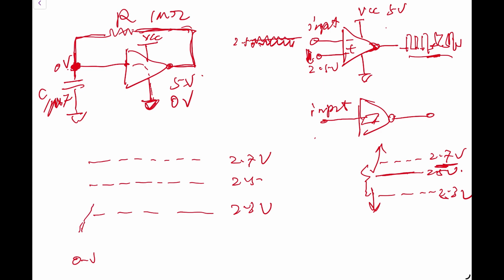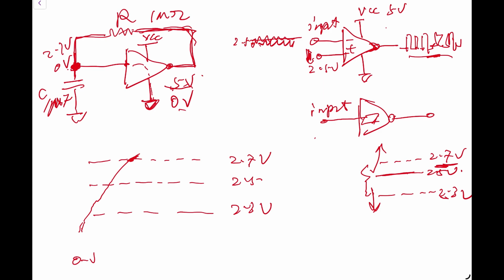You pass 2.3 volts, pass 2.5 volts. You only trigger the output state when you pass 2.7 volts. When the charging value goes above 2.7 volts, let me clean up here, then this state flips from 5 volts to 0 volts.